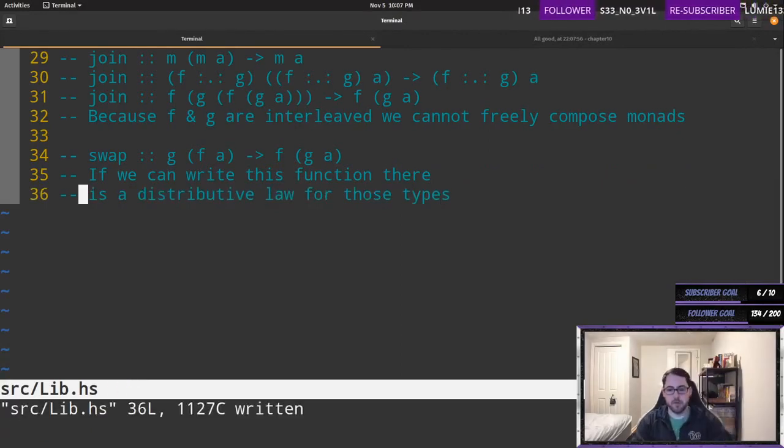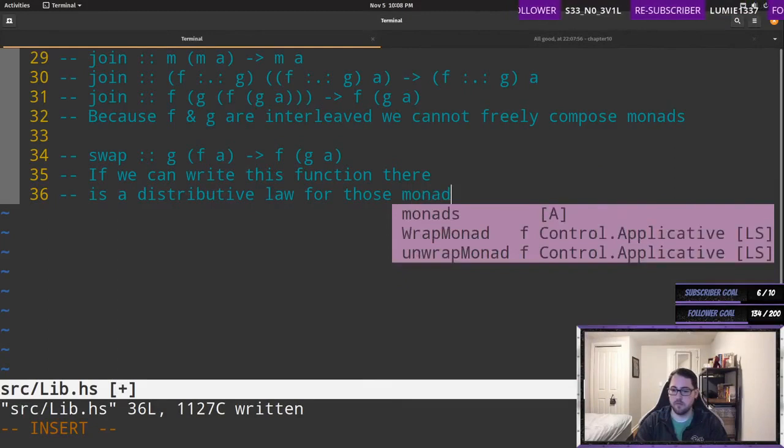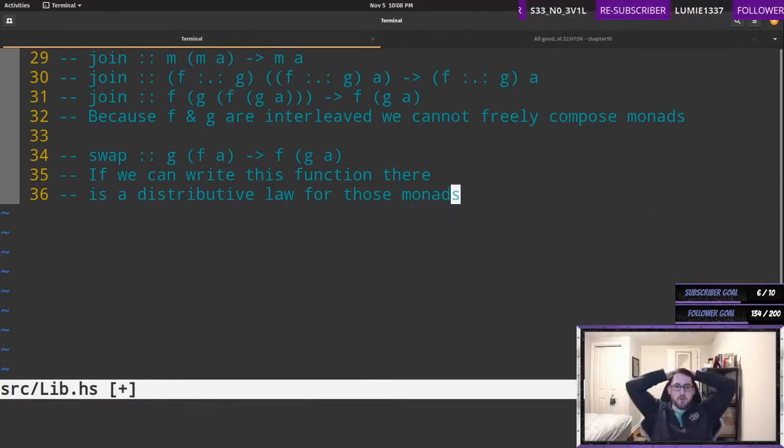So in the book it said, if we can write this function, there's a distributive law for those monads. They don't have to be monads. Well, maybe they do have to be monads if you can write swap, but maybe. Now I'm not sure.